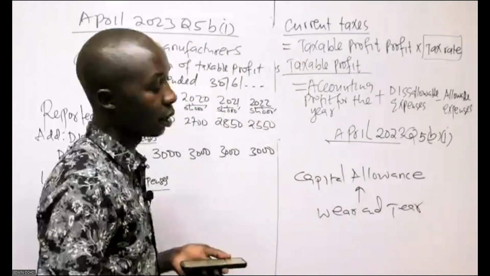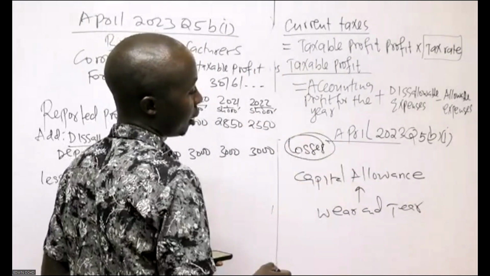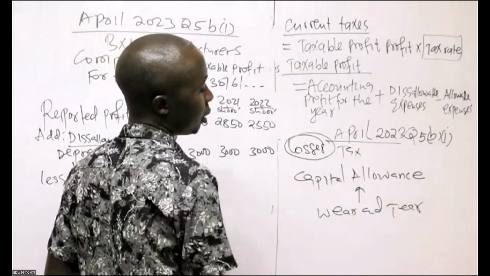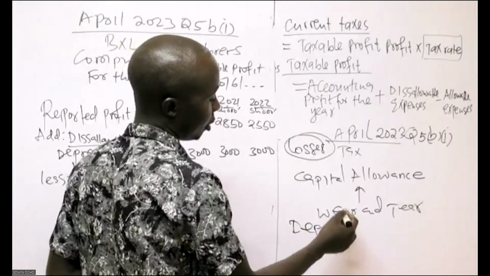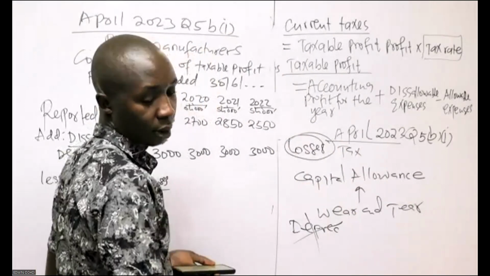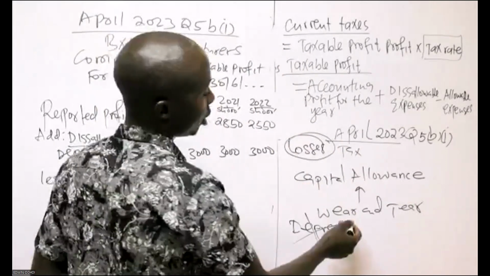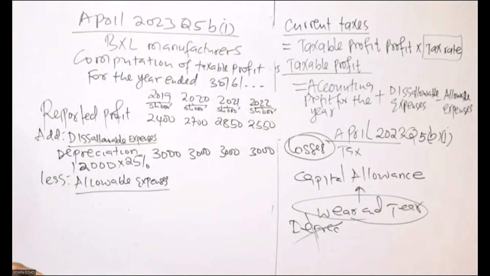Under tax, when the asset loses value, we don't say it has depreciated. Under accounting is when we say it has depreciated. But under tax, we say it has done what? Wear and tear.